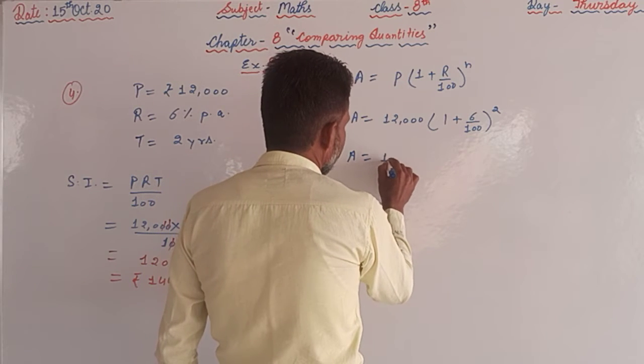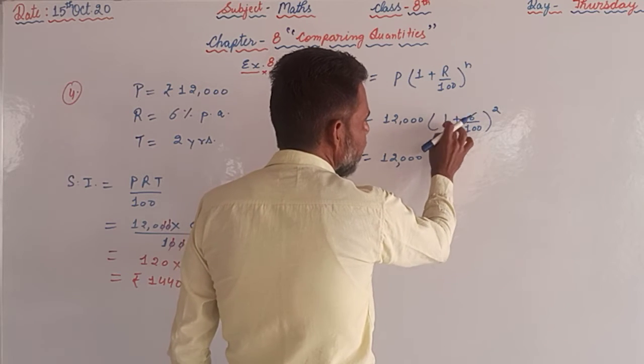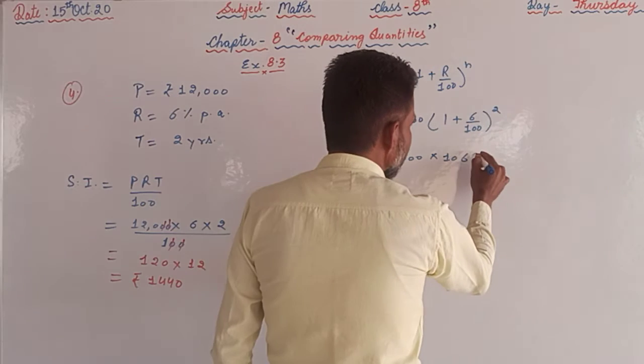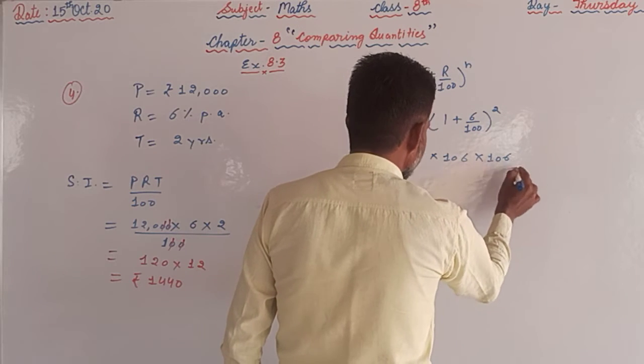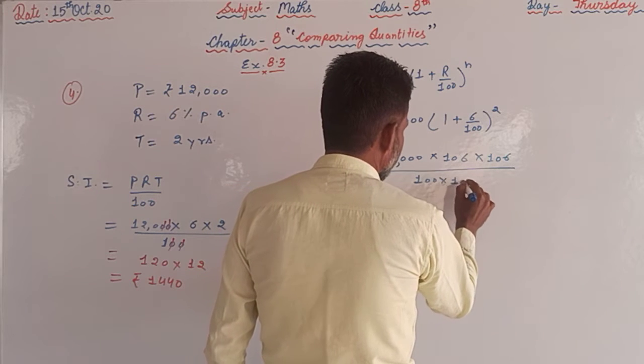So that will be 12,000, and if we solve 100 100 100 106, but power is 2, so we are supposed to repeat 106 2 times and then upon 100 and 100.